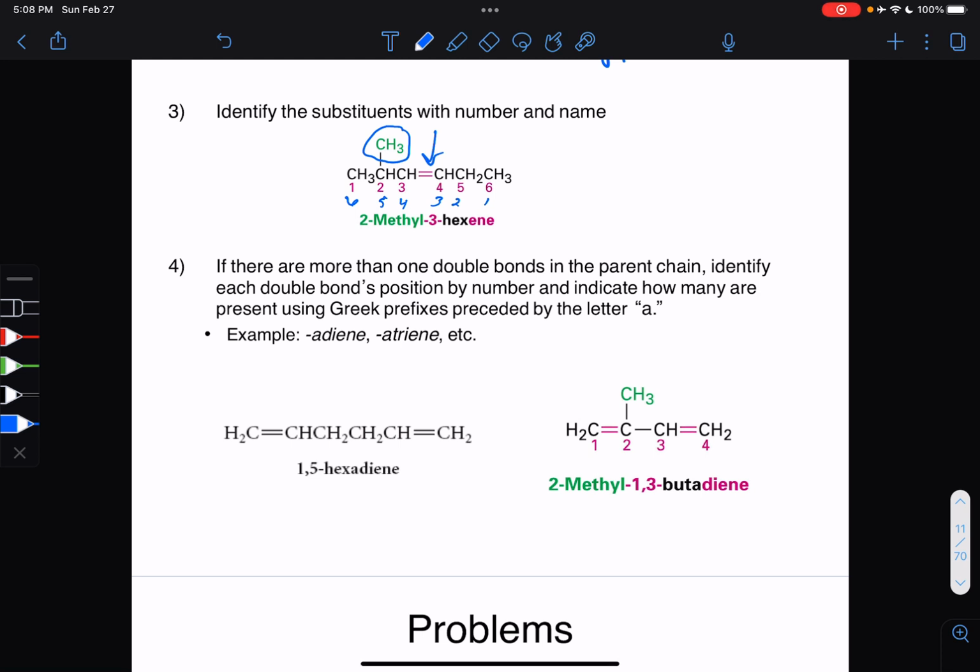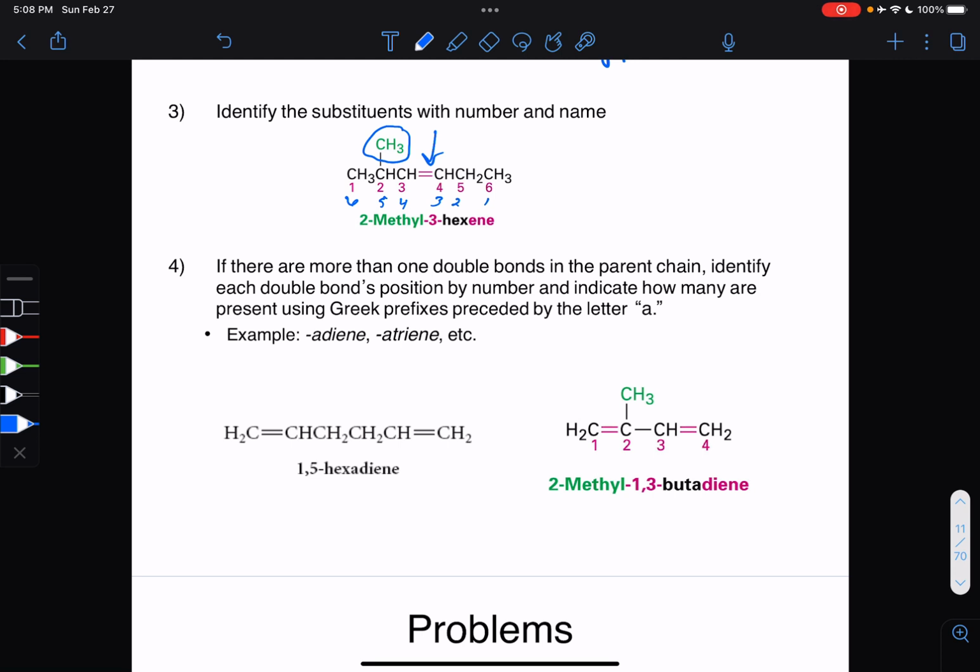So that wouldn't be messing with that. But IUPAC says whenever possible, keep your numbers low. So if we numbered it backwards, that would still give us a 3-hexene, but that would change the methyl to what? It would have changed the methyl to a 5-methyl. So that's why we numbered it forward, because you would prefer to have a 2-methyl rather than a 5-methyl.